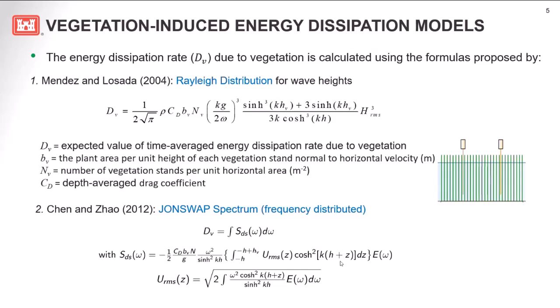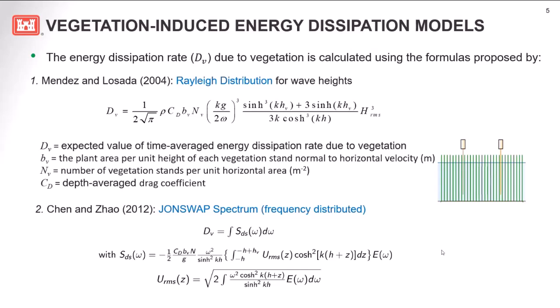So dV is the expected value of time averaged energy dissipation rate due to vegetation. BV is the plant area per unit height of each vegetation stand normal to horizontal velocity. NV is the number of vegetation stands per unit horizontal area, and we call that population density later. CD is the depth averaged drag coefficient.